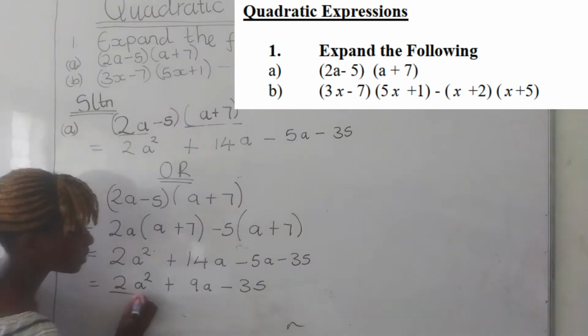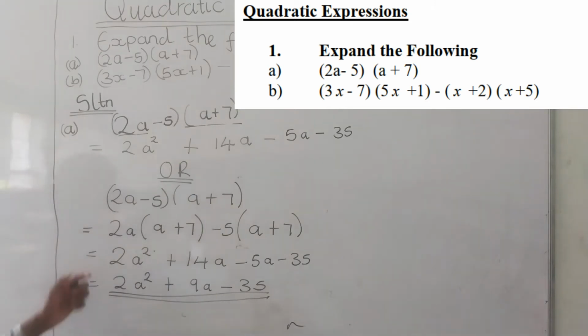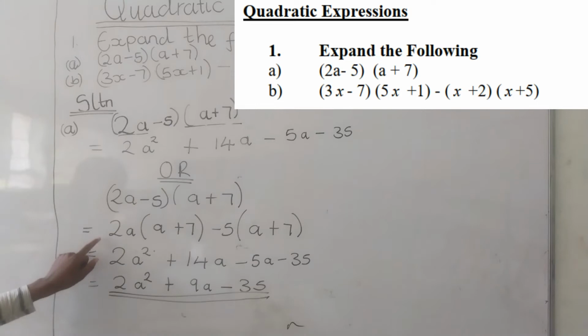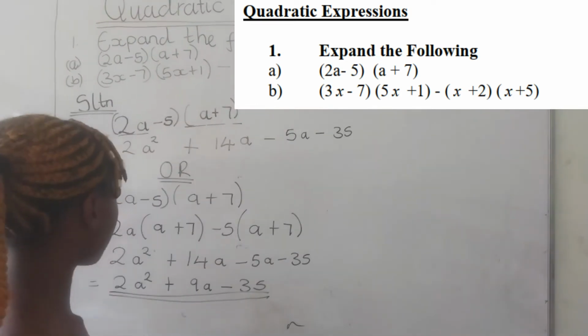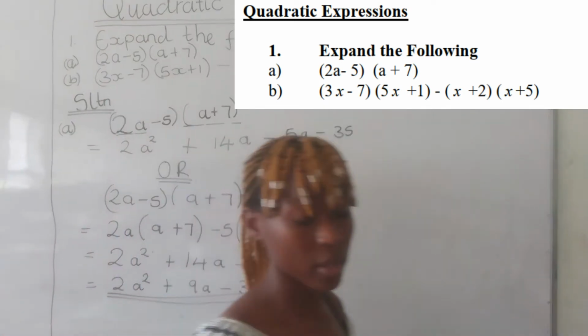Then this is in its simplest form. Okay, so I would encourage you to use this one, since this one would give you more marks. It shows the grouping method. You can say this, it's just simplifying.